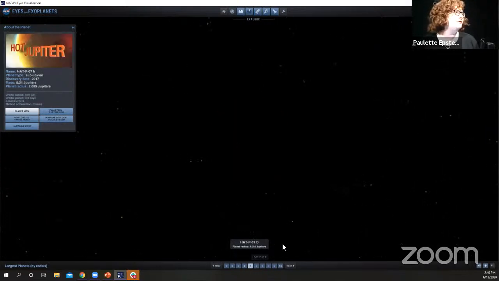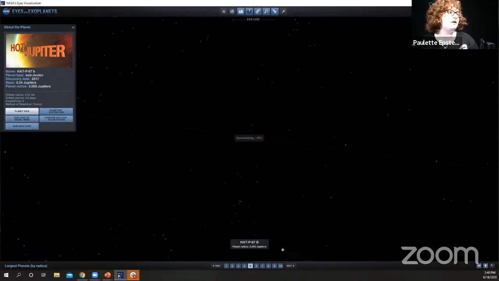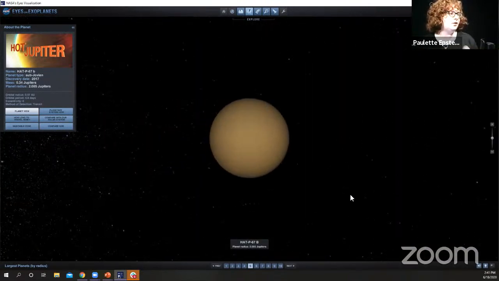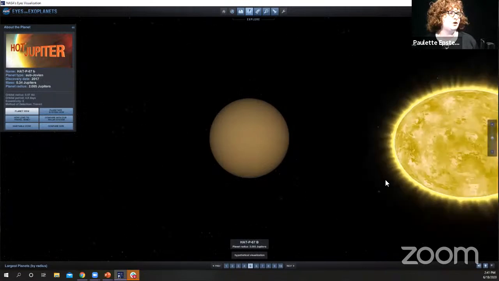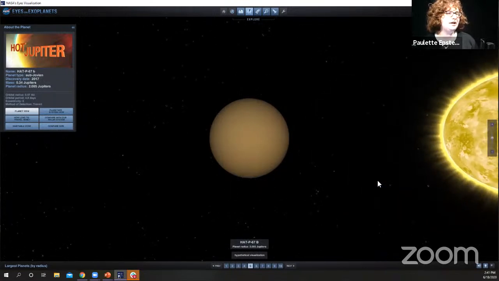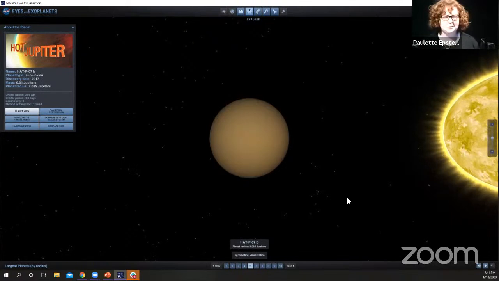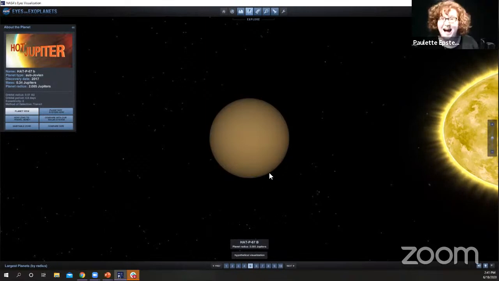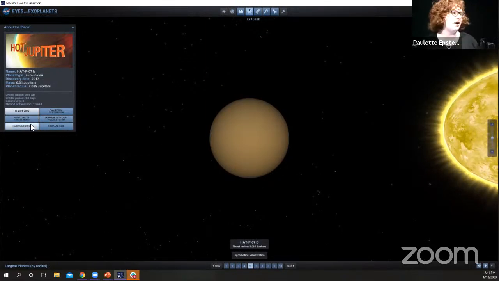Now, some of these Jupiter or Jovian type planets that we're finding were very, very close to their stars. So here we have one of those Jovian planets, but look at how close to its star it is. This one is probably very, very hot because of how close it is to its star.